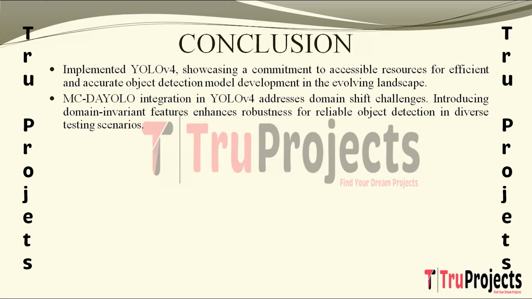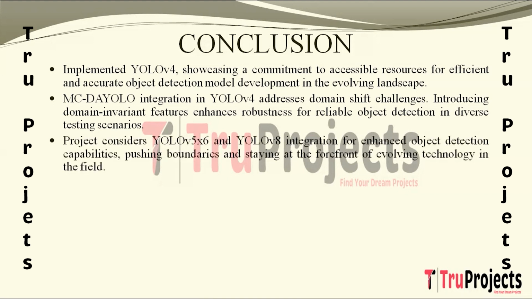By introducing domain invariant features and adaptation mechanisms, MCDA YOLO aims to make object detection models more robust when applied to diverse testing scenarios. And the extensions of the project, by considering the integration of advanced YOLO versions like YOLO V5X6 and YOLO V8, offer enhanced features and capabilities, further pushing the boundaries of object detection.